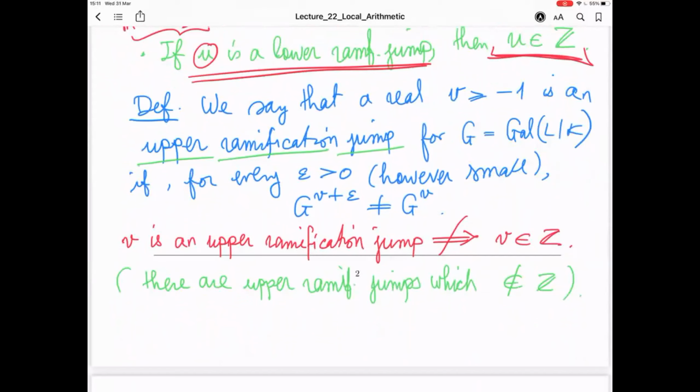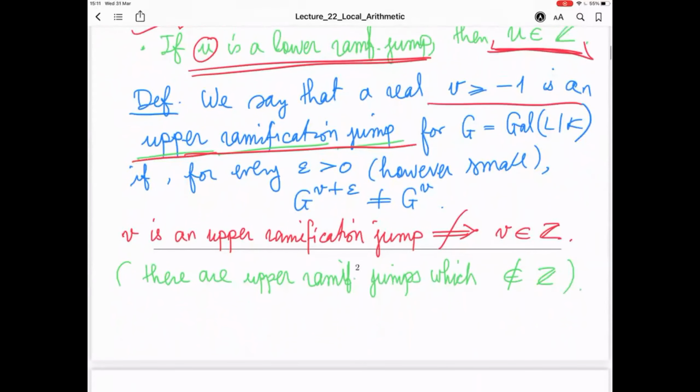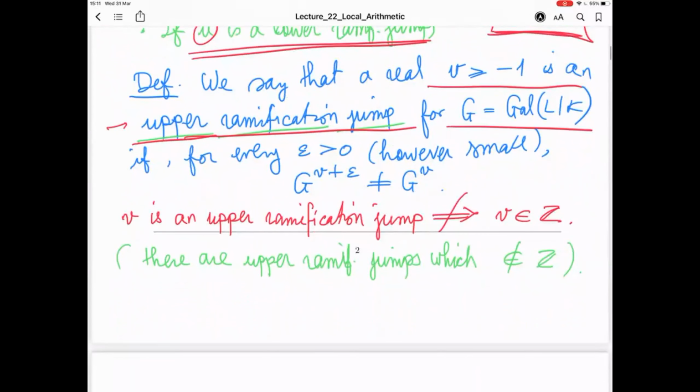Now, there's a similar definition for upper ramification jumps. So we say that v is an upper ramification jump for this group G. G has a filtration in the lower numbering, and essentially the same filtration is renumbered differently, and that's called the upper numbering, right?